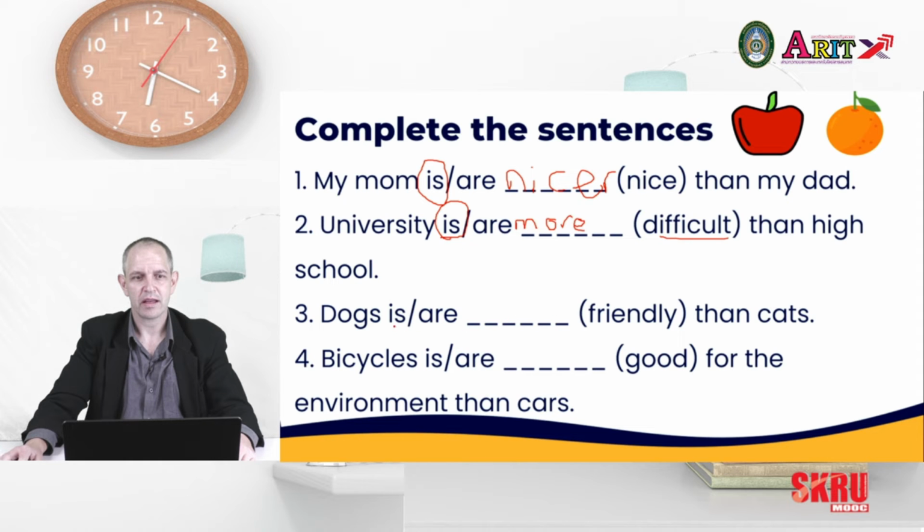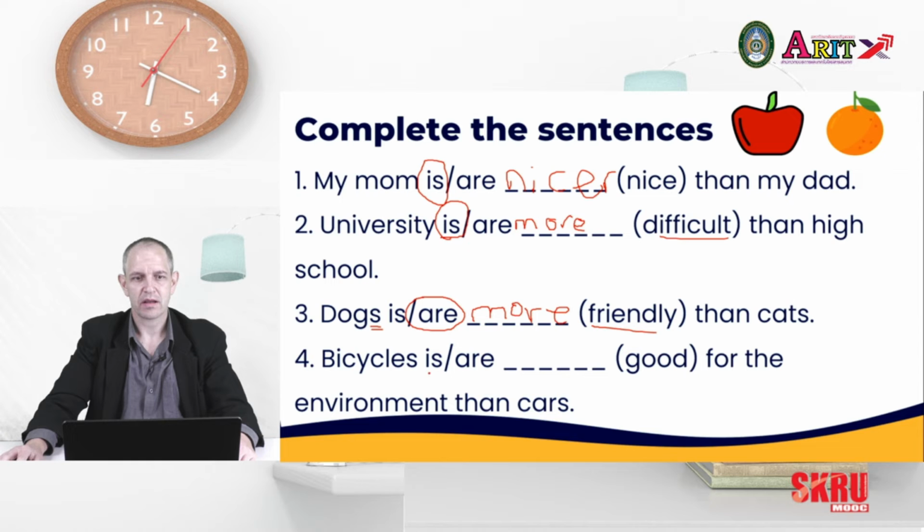Dogs, is or are? Because dogs are a count noun, we're going to use are. And then our adjective is friendly. If you can remember, friendly was an example that we used earlier. So we're going to say dogs are more friendly than cats.